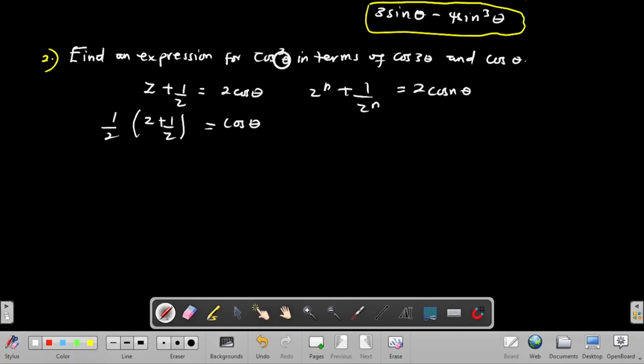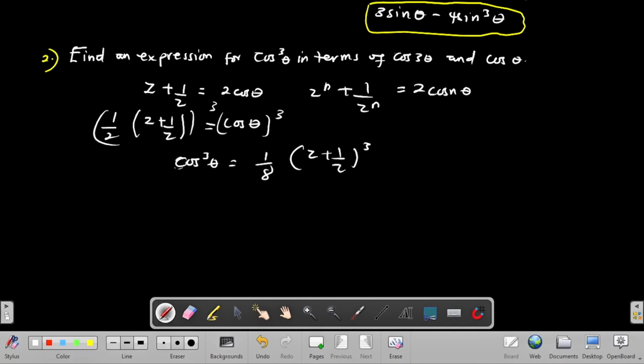But we are looking for cos cube theta, so I'll simply cube everything. Then everything here will be cubed. So therefore, our expression now becomes cos cube theta is simply equal to 1 out of 8 multiplying the expression z plus 1 over z all cubed.